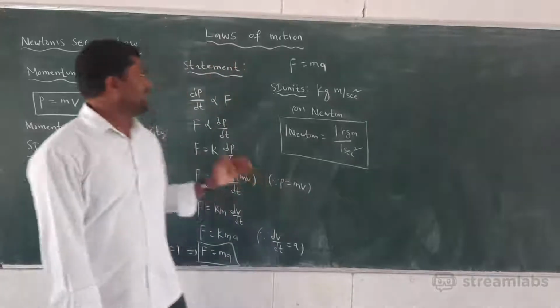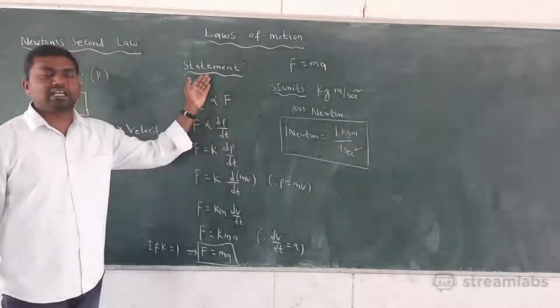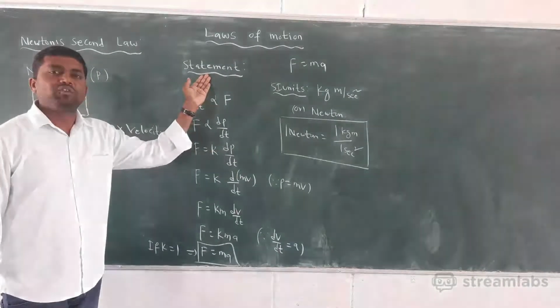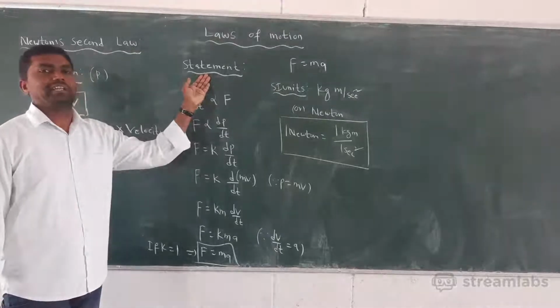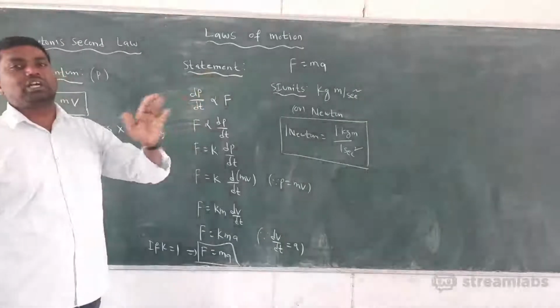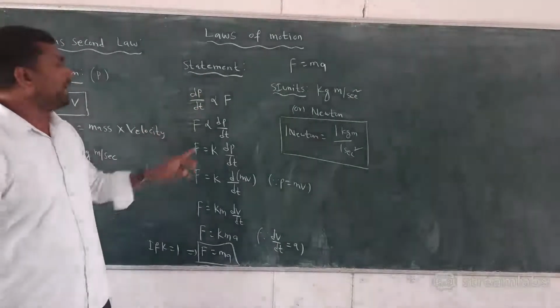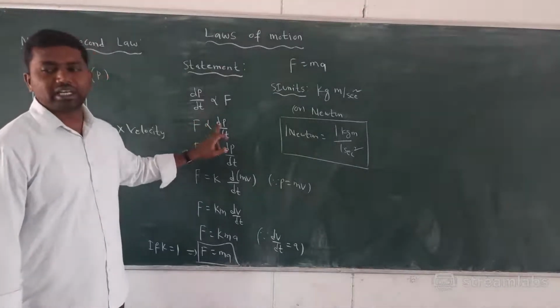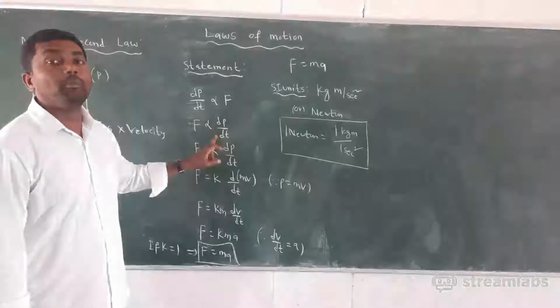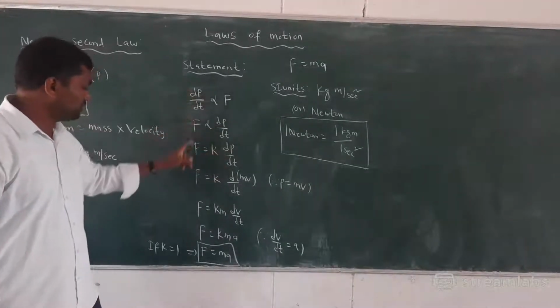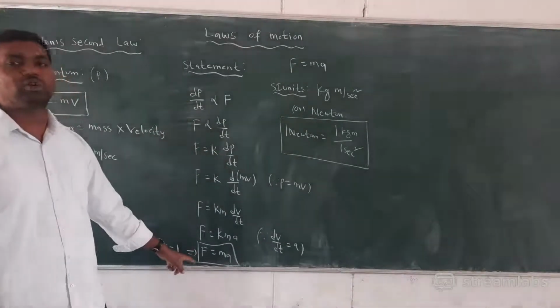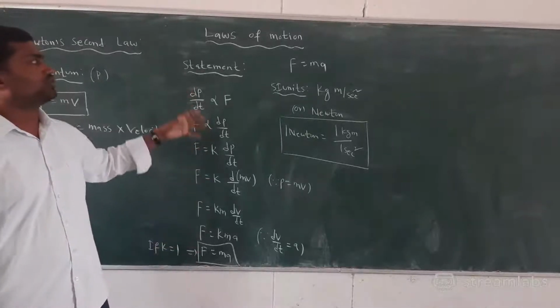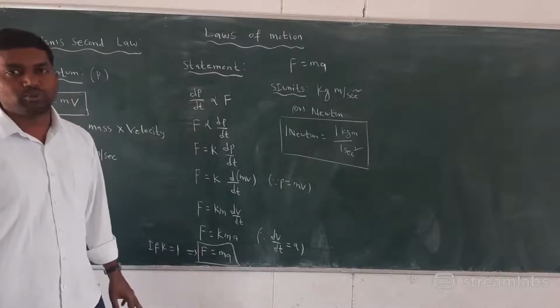Next, we write the statement of Newton's second law: the rate of change of momentum is directly proportional to the applied force on the object. The applied force on the object is directly proportional to the rate of change of momentum. From this we get the equation F is equal to ma. So this is the first 4 marks question in our laws of motion chapter.